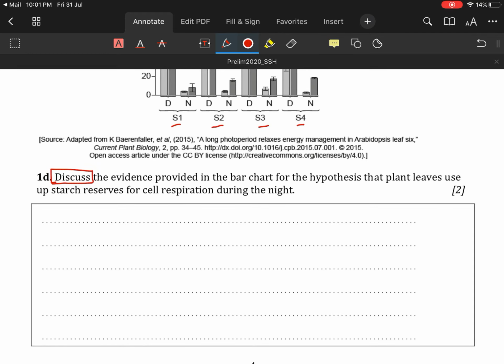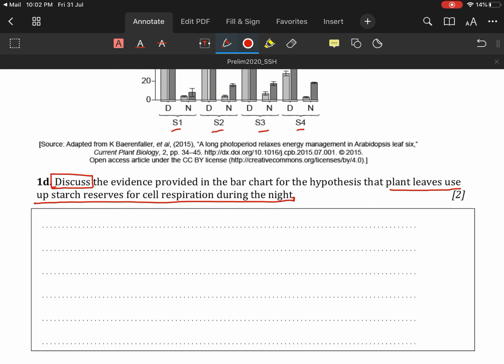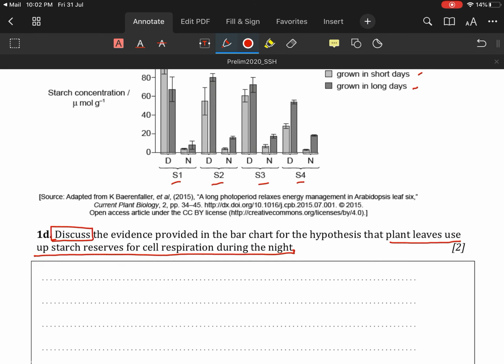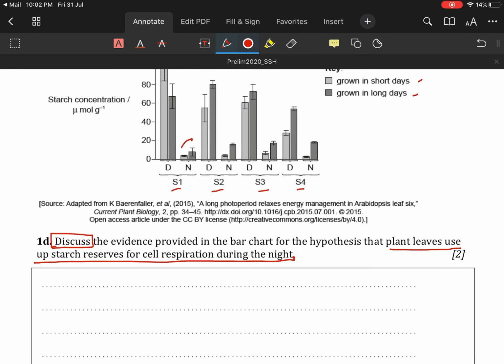So let's look at the hypothesis that the plant leaves use up starch reserve for cell respiration during the night. We have to look at the evidence of whether the plant leaves are using up the starch. So we have to focus on this part: night, night, night, and night. Now we see that definitely during night time the starch levels are low.